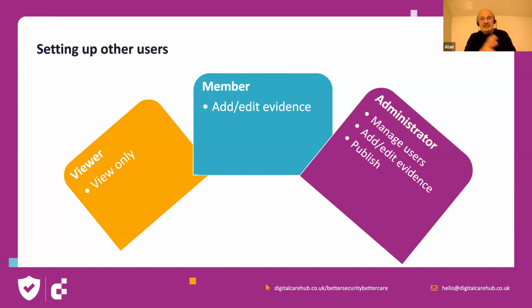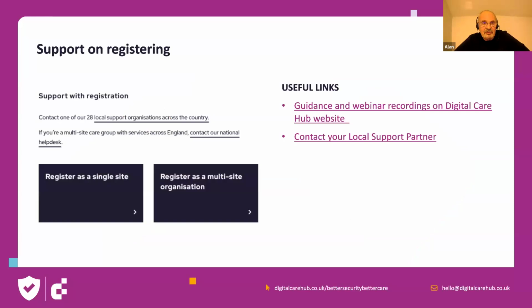However you wish to arrange that is entirely up to you, but it's quite helpful to have more than one person who can access the DSPT, particularly with the level of turnover in social care. So if you have any difficulty with registration, there is support available to you.